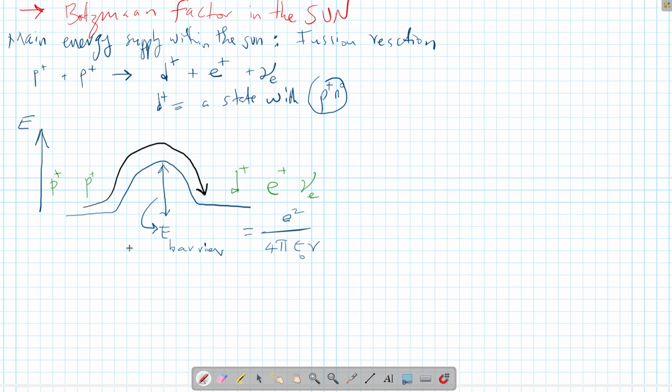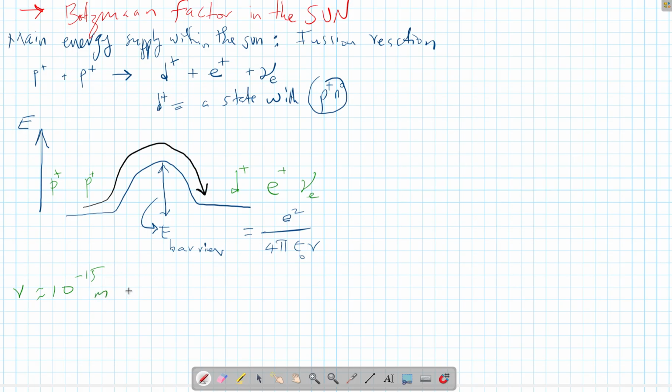The distance required before this reaction can happen is that the two protons should be really close to each other, where r should be of the order of 10 to the minus 15 meters.